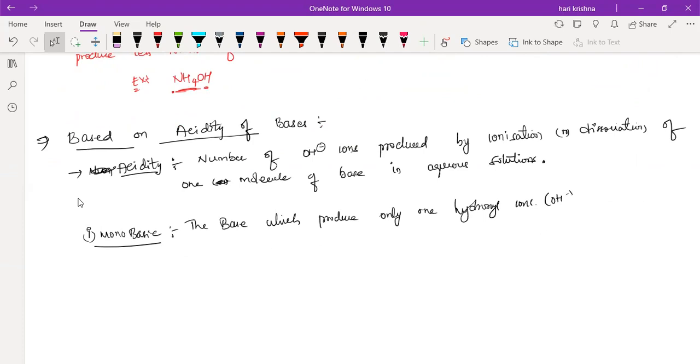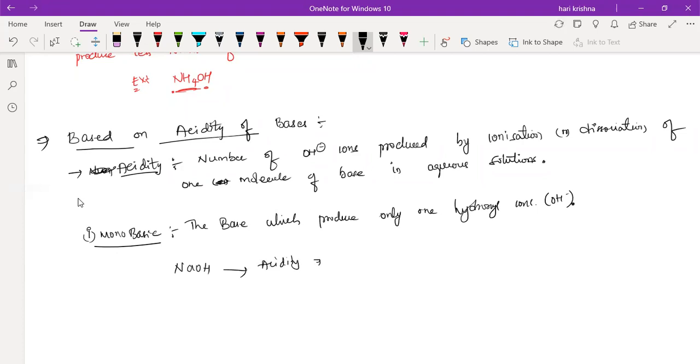Is it the same for basicity of acid and acidity of base? Actually, in the basicity of an acid, it produces H plus ions. Here it is OH, that's all the difference. Okay, example: NaOH. How many OH groups are there in this? One. So acidity is 1.